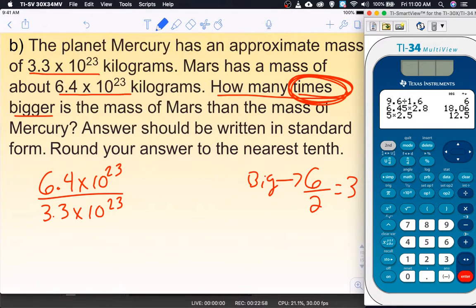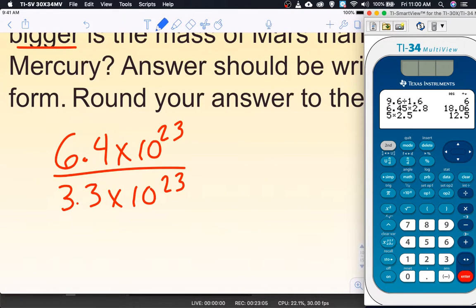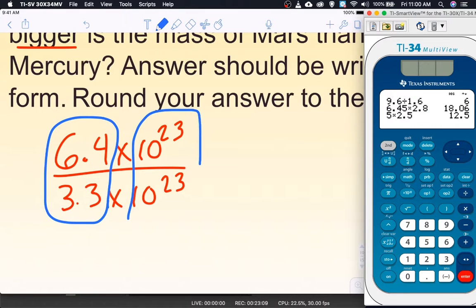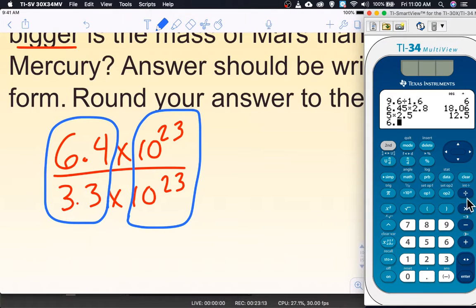So let's change color here. I'm going to divide this. I'm going to divide that. And those circles were both pretty ugly. But let's take our time a little bit better. Divide this and that. There we go. So 6.4 divided by 3.3 is 1.93 repeated.